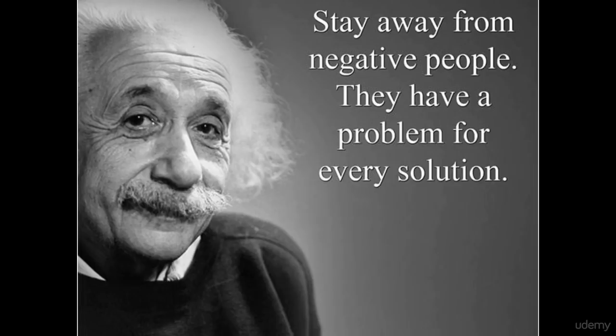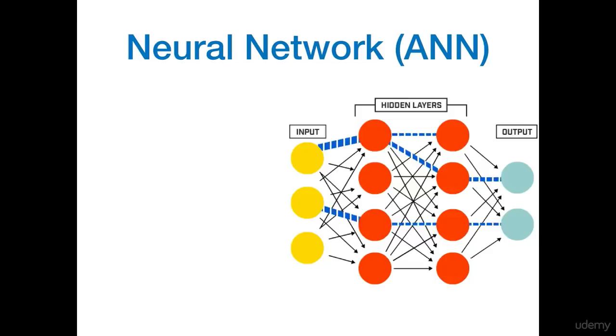So, an artificial neural network is a computational model based on the structure and functions of a biological neural network. Information that flows through the network affects the structure of the neural network because a neural network actually learns based on that input and output.